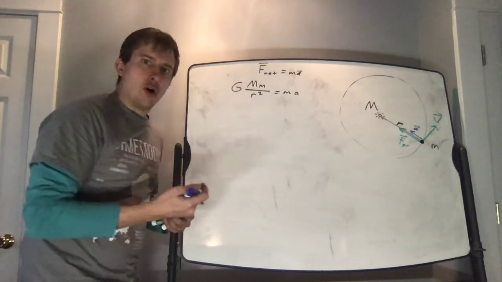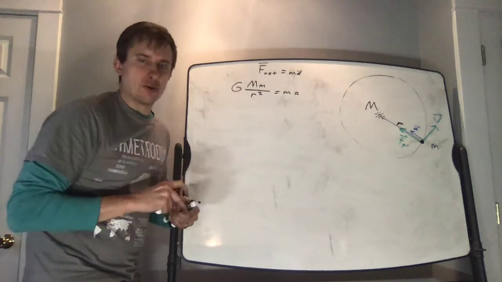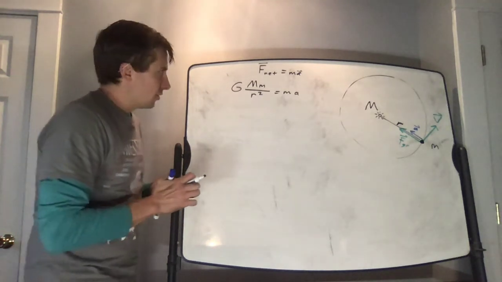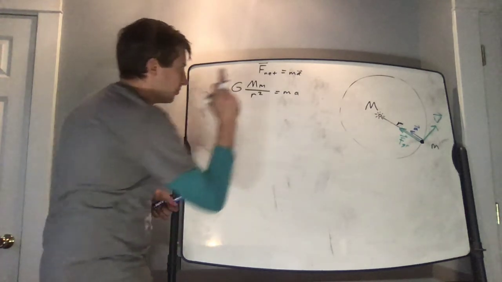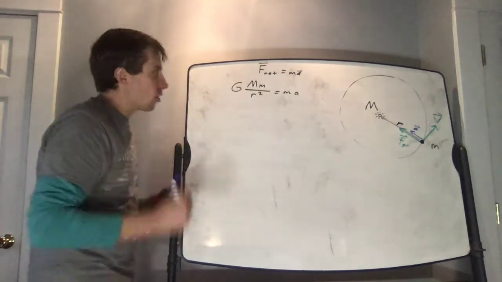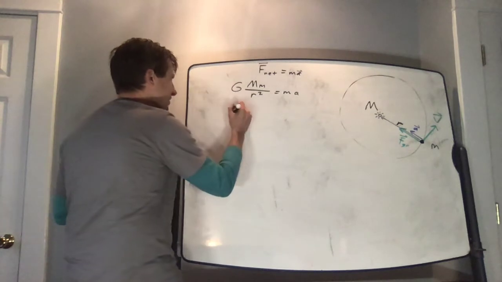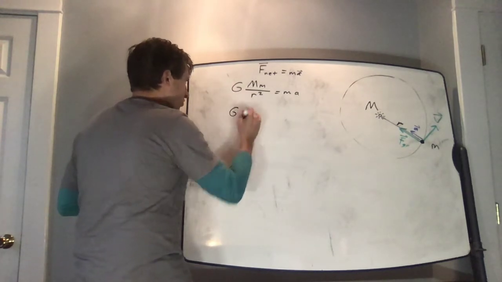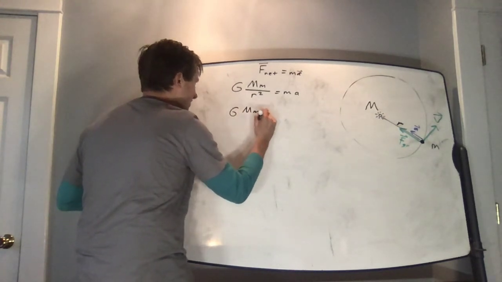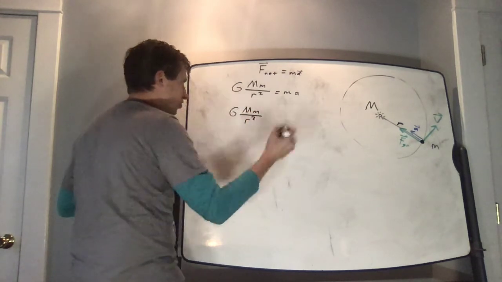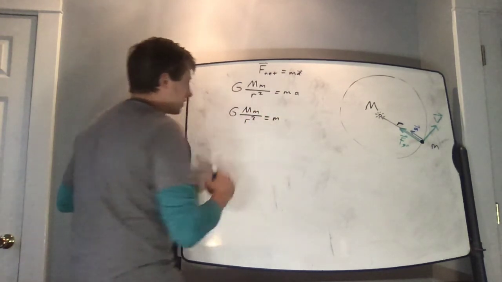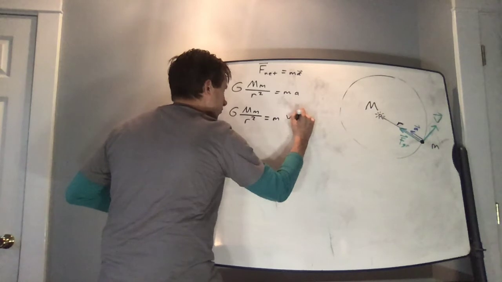The planet will only have a radial component to its acceleration. Therefore, the planet's acceleration will be entirely v squared over r. So I could then write this as Newton's gravitational constant times the masses of the two objects over r squared equals the mass of the planet times v squared over r.